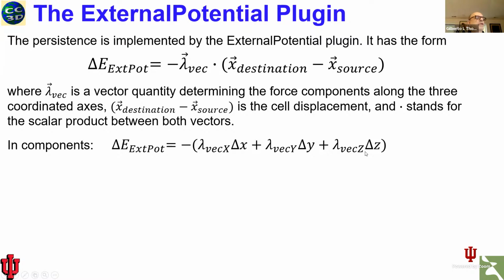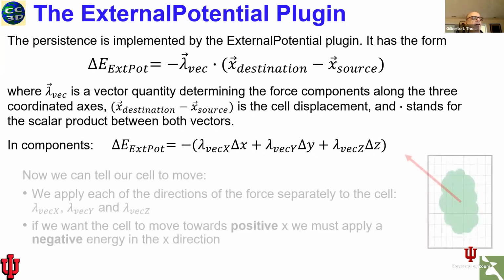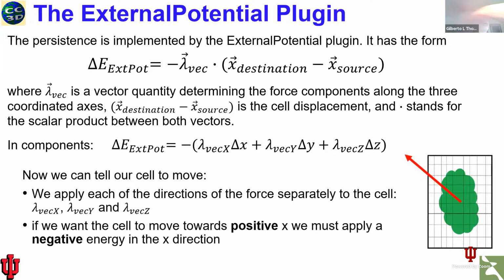So to implement the plugin in CompuCell, we have to provide these 3 components of the vector constraint lambda. Let's try to understand. So we have those situations here. Now we can see how the cell moves.